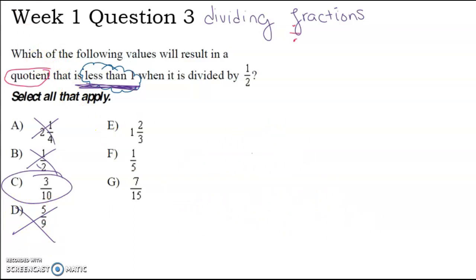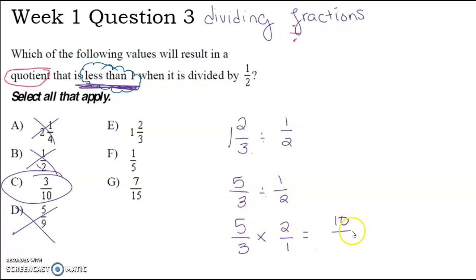Pause the video and you try it, and then you can go back. 1 2/3 divided by 1/2. I'm going to convert this. 3 times 1 is 3, plus 2 more is 5, divided by 1/2. Keep, change, flip. 10 over 3. Nope, it's not going to work. That's bigger than 1.